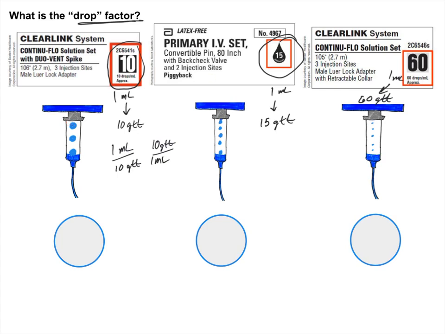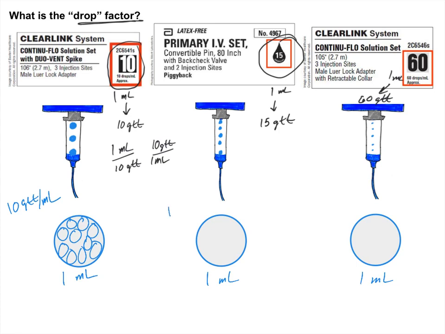So down below, if we think about each one of these circles as 1 milliliter, every single one of these milliliters in the bag will be broken into drops. With a drop factor of 10 drops per milliliter, this single milliliter will be broken into 10 drops. They're pretty big drops.